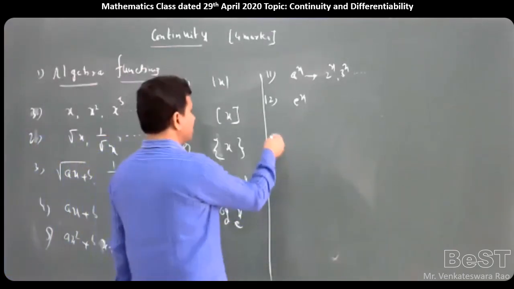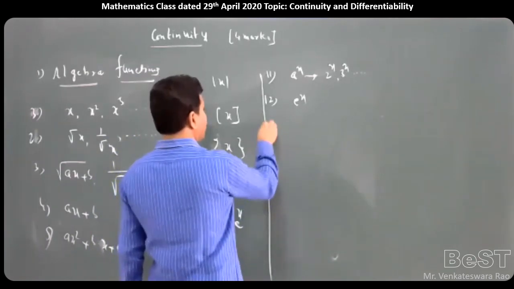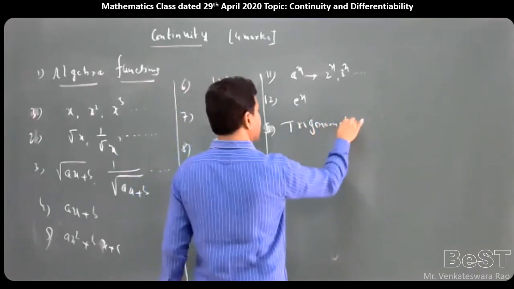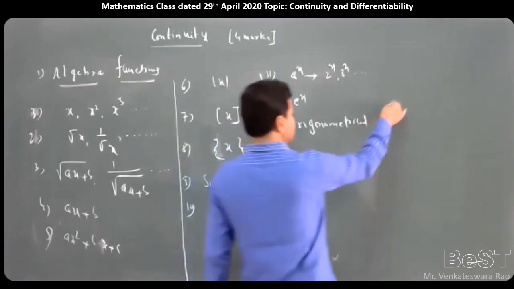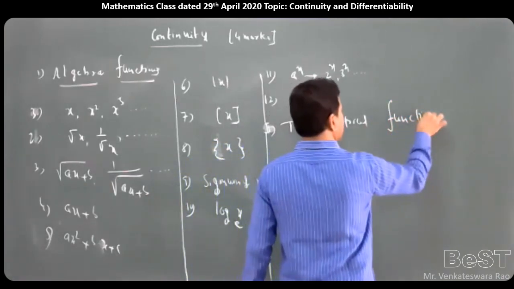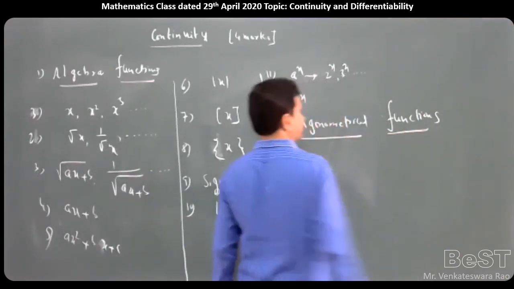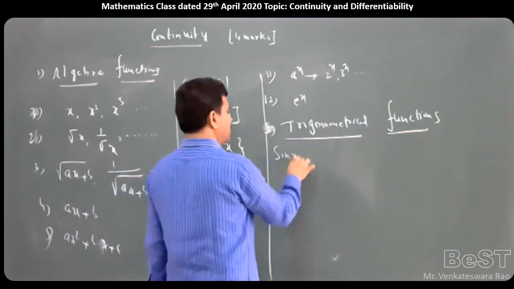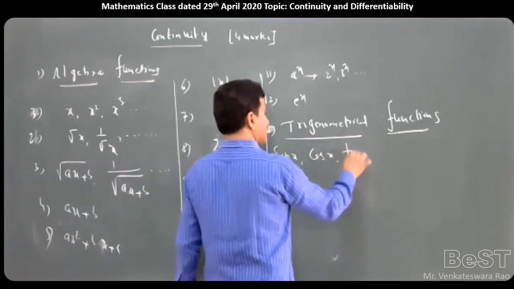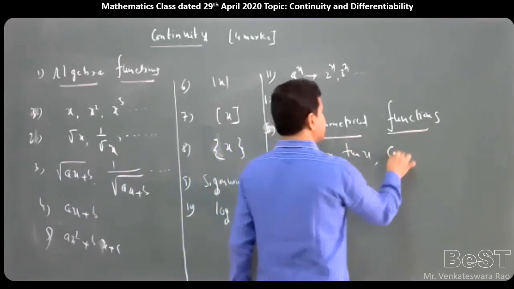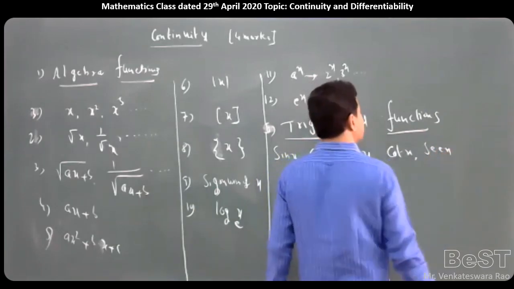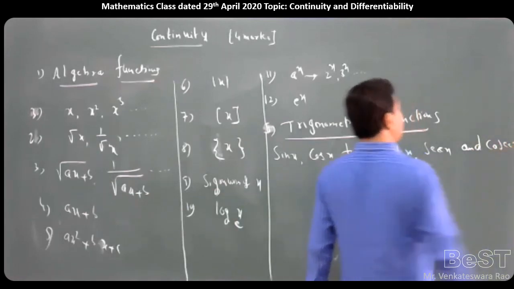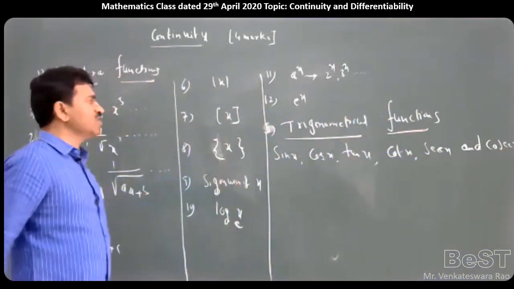We require trigonometrical functions also: sin x, cos x, tan x, their reciprocal functions cot x, secant x, and cosecant x. These are trigonometrical functions.